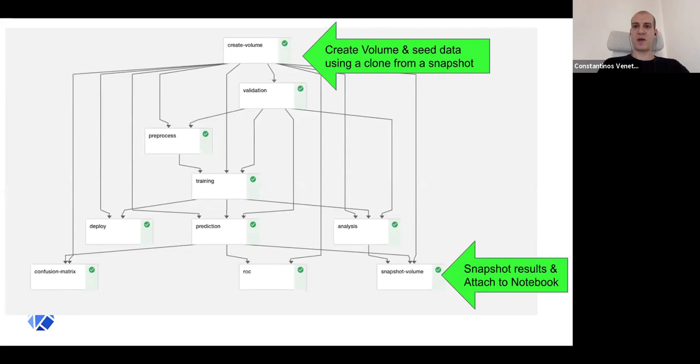At the end of the pipeline, after the prediction and analysis steps are over, we are able to snapshot the data volume again in an immutable way, so we can either reproduce it later or feed it to a notebook to do further experimentation or debugging.